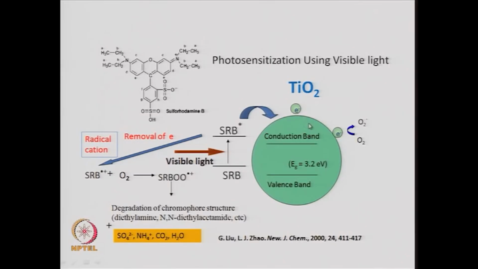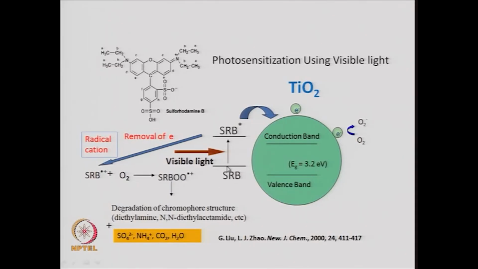And this electron of titania is also used for reduction. So, this is a case of how organic dyes having a particular difference in the energy levels in the ground state and excited state can be used in conjunction with TiO2 to act as visible light photocatalysts.